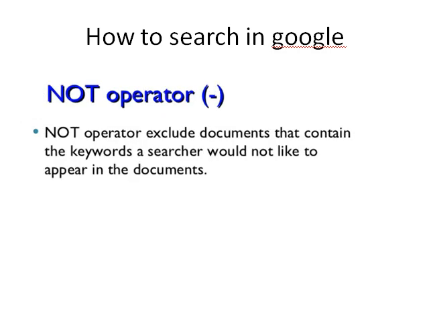Another operator is the NOT operator. We can use minus, plus, minus. But what is the NOT operator? It will exclude documents that contain that keyword. For example, you write optimization technique minus neural networks. It means that you want to know about optimization techniques, but you don't want to know about neural networks.